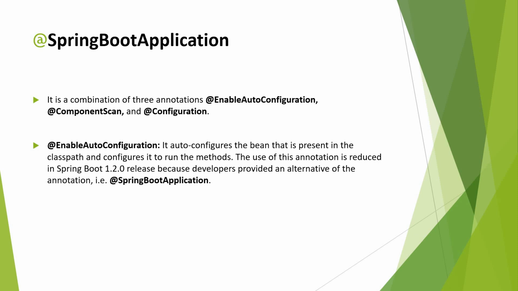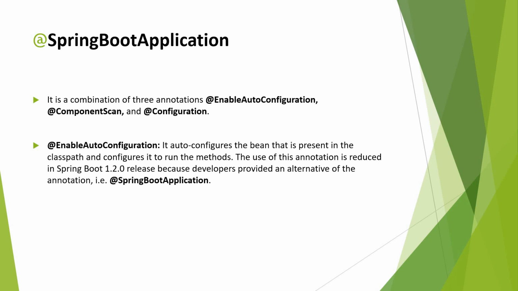First, @EnableAutoConfiguration. As the name says, it auto configures the beans present in the classpath. In the last videos I mentioned dependency injection, right? The dependencies present in the classpath are configured automatically.